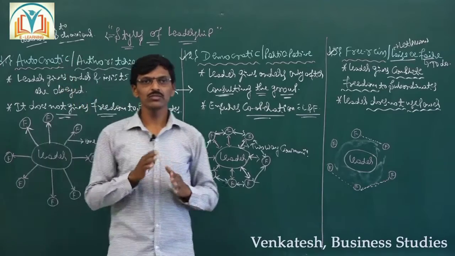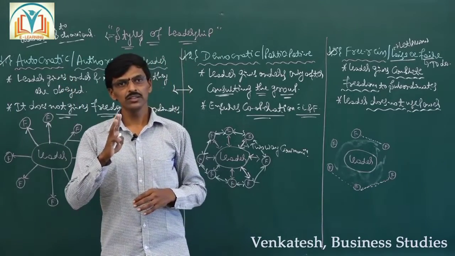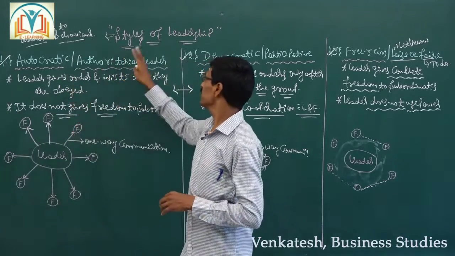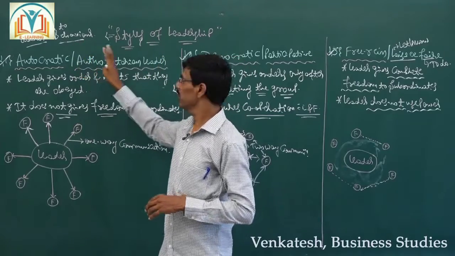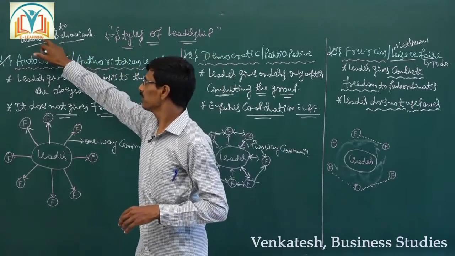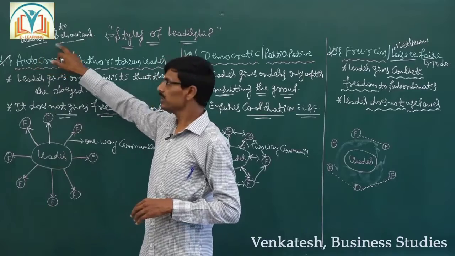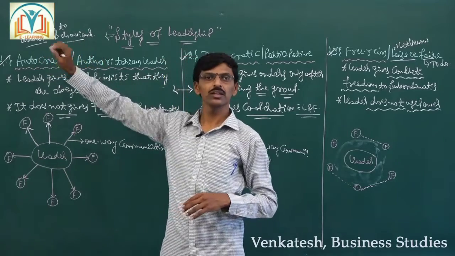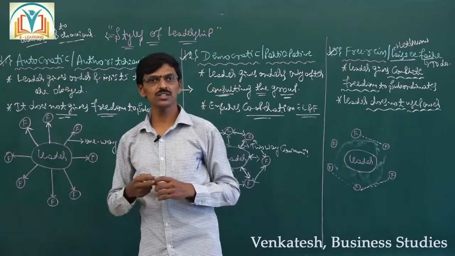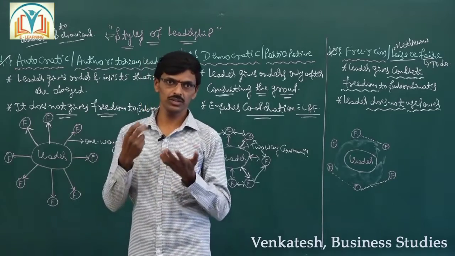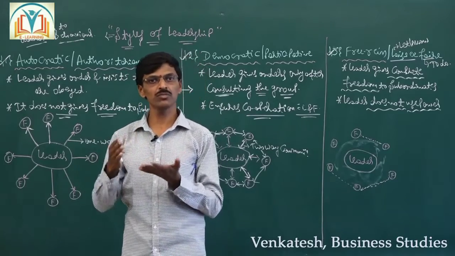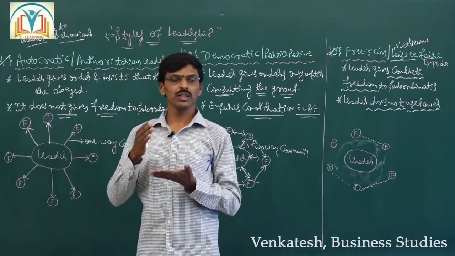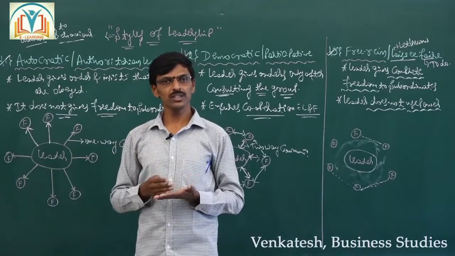Once again I'll review. There are mainly three kinds of leadership styles. Leadership style refers to leaders' behavior in different kinds of situations. The same situations do not arise in the organization.